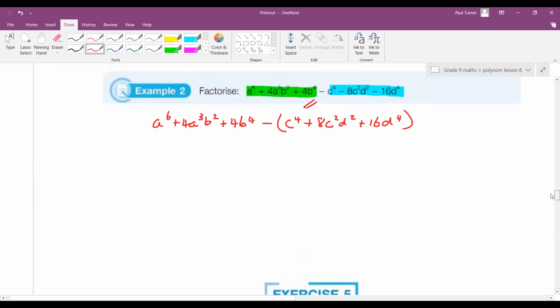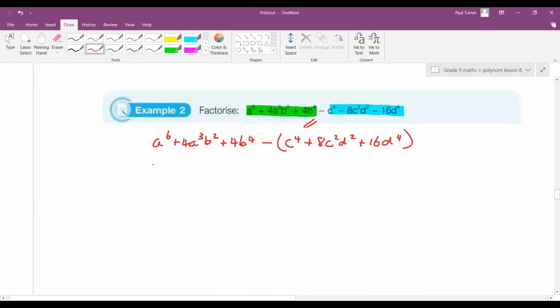So if you look at that, you may recognize this from yesterday again. We've got (a^3) squared. So we think of perfect square. And then we've got 2a^3 times 2b^2 plus (2b^2) squared.